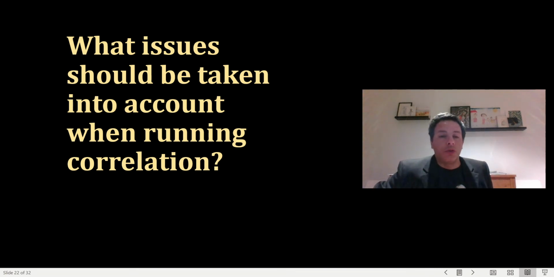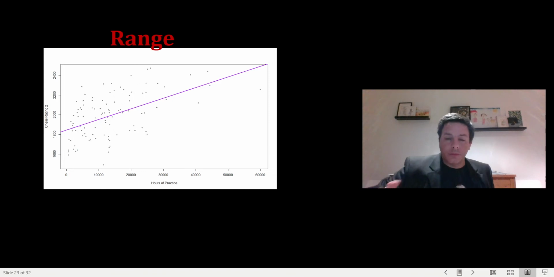What issues should be taken into account when running correlation? The range of possible values. If you restrict the range, you're creating problems. In this case, we've got a correlation which is a decent value.